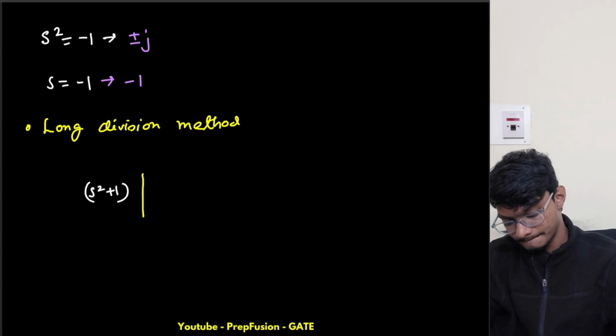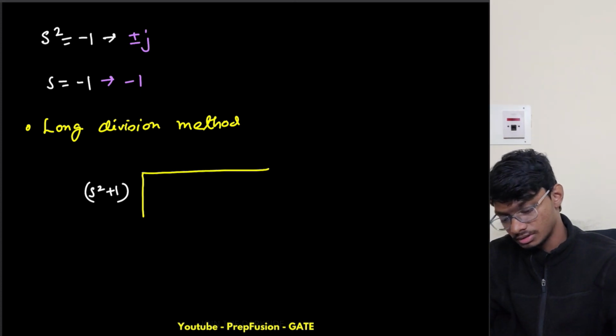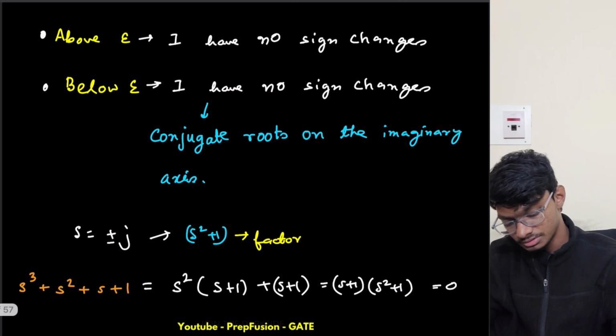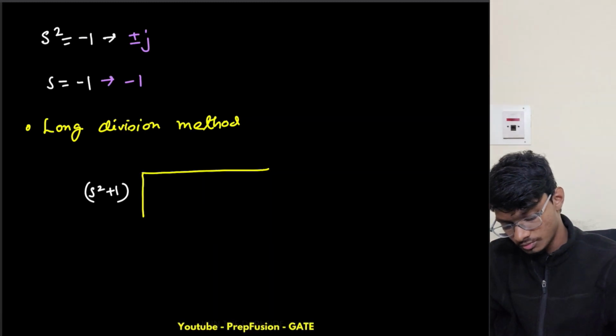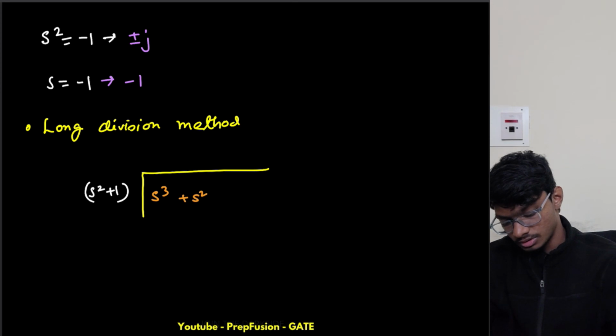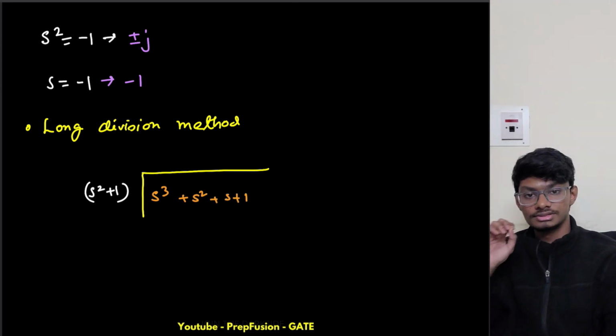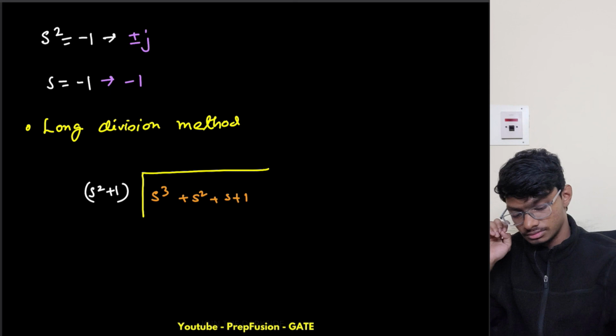And what is my actual characteristic equation? It is s cube plus s square plus s plus 1. This is my actual characteristic equation.